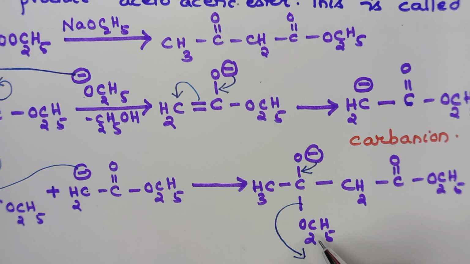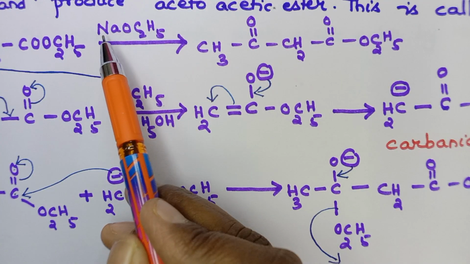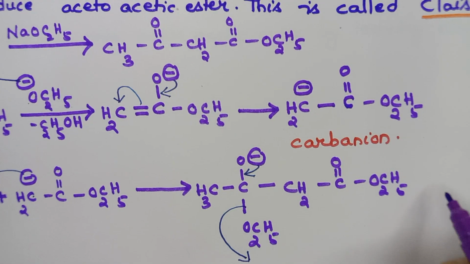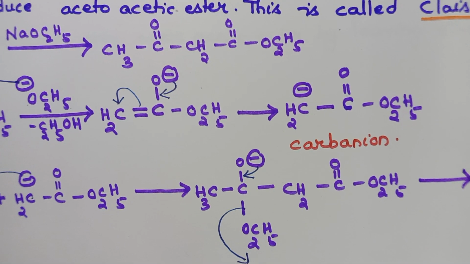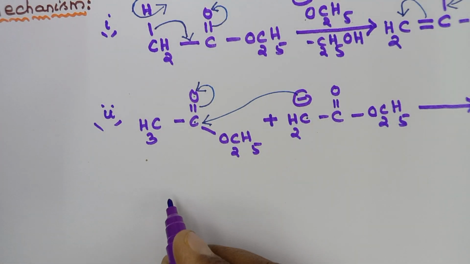So ethoxide ion again goes back to Na plus over here and forms NaOC2H5. Okay. So next what happens? Put an arrow over here, students. Okay. Next. So the final product I am writing here.